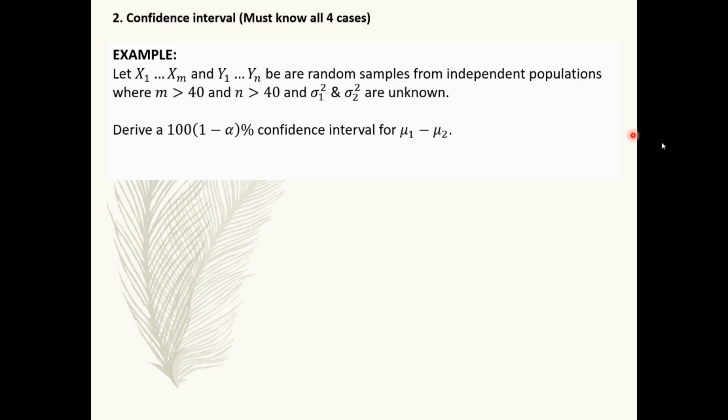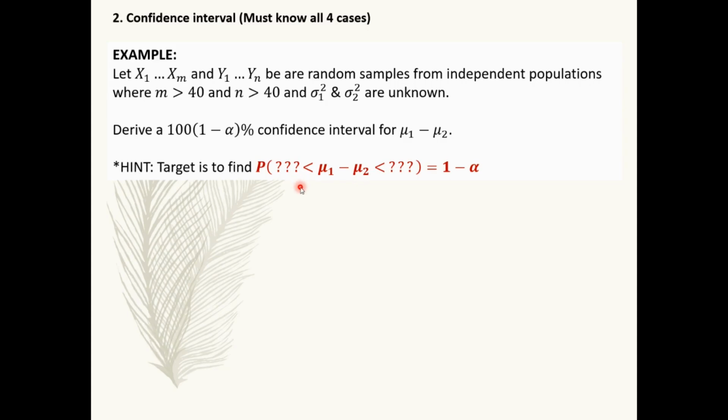Whenever you calculate this two-sided confidence interval for mu1 minus mu2, the idea to keep in mind is that we want an interval such that the probability of mu1 minus mu2 being in that interval equals 1 minus alpha. As we do our derivation, we want to end up with something like this, and we just need to figure out what those question marks should be.